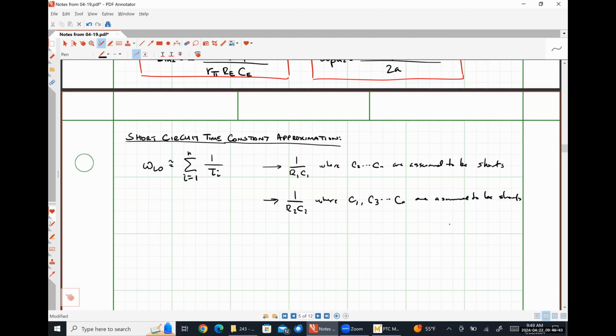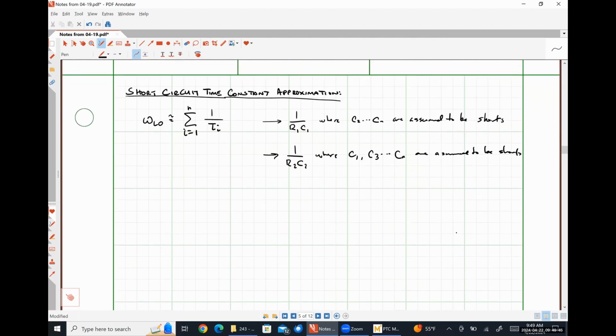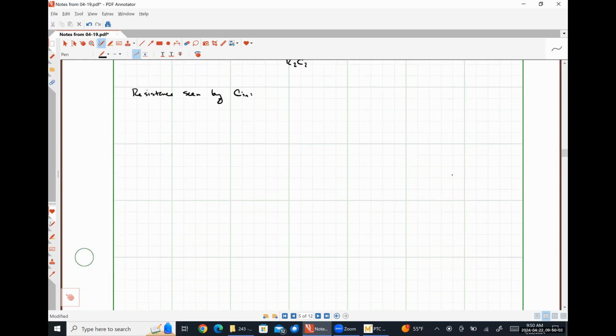All right, so let's look at our first time constant. Okay, so we're going to start with the resistance seen by our Cn capacitor. So I'm going to draw a picture here.